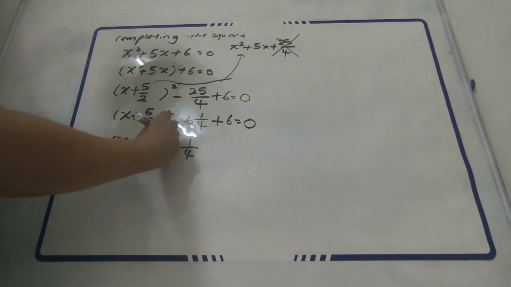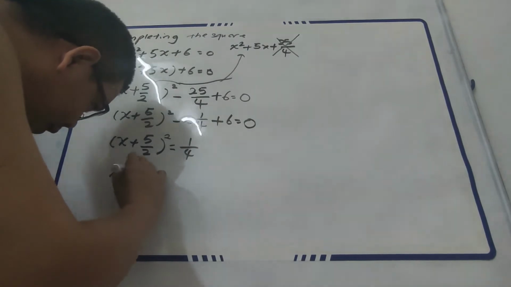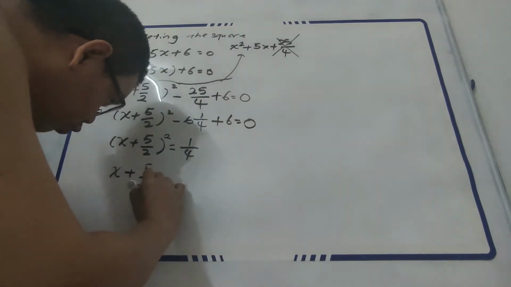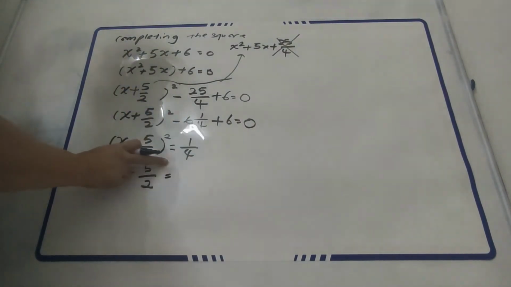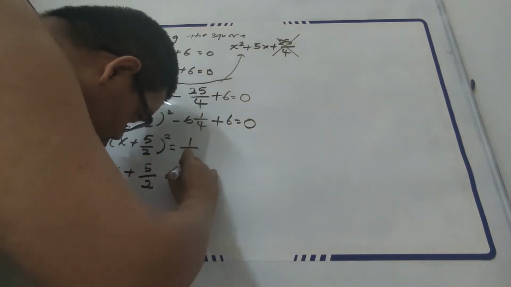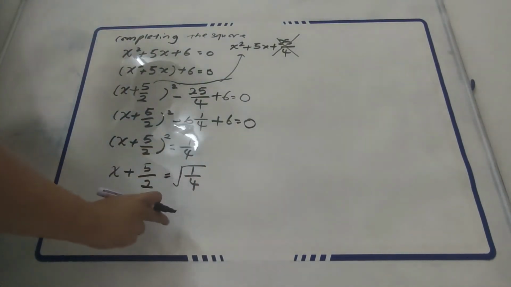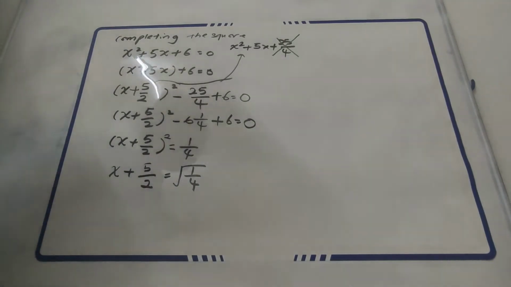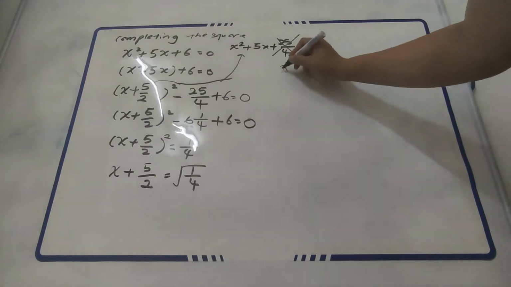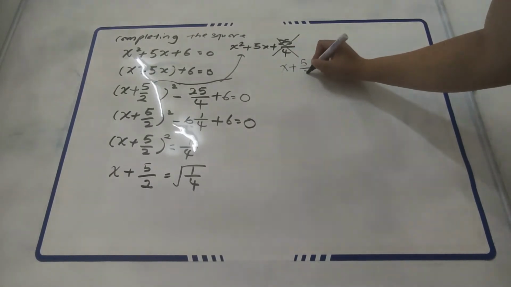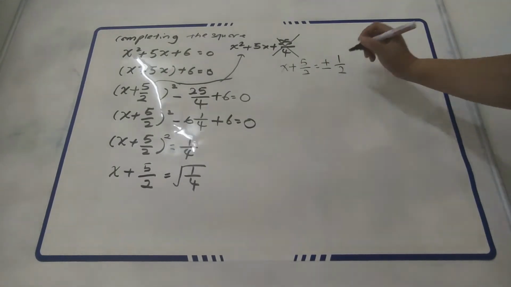Oh, sorry, don't forget the square. And then from here, x plus 5 over 2 equals, you take the square root of this part, and this part becomes square root of 1 over 4. When you talk about square root, you have plus and minus. So x plus 5 over 2 equals plus and minus half.